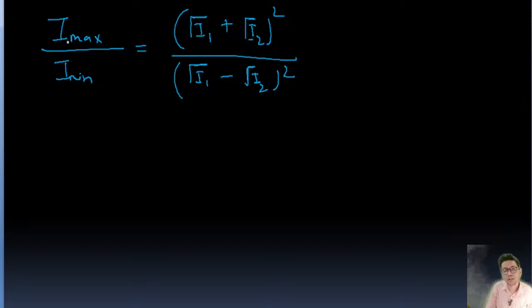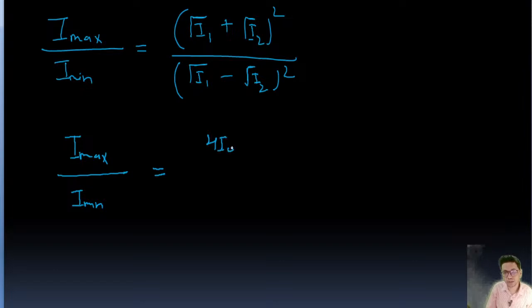So this is the ratio of maximum intensity to the minimum intensity. So I max upon I minimum, we'll put the value.